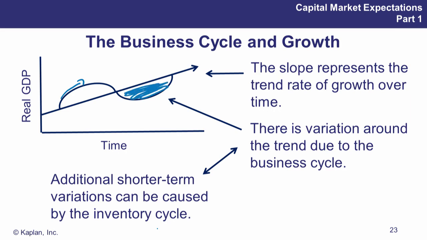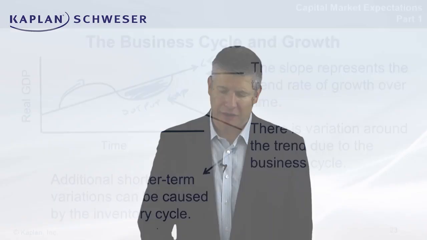So a lot of the slides that come through are talking about the long-term growth, of course, trend growth over time. And you might recognise that in the more down period here, in that kind of recessionary period, they call this the output gap.